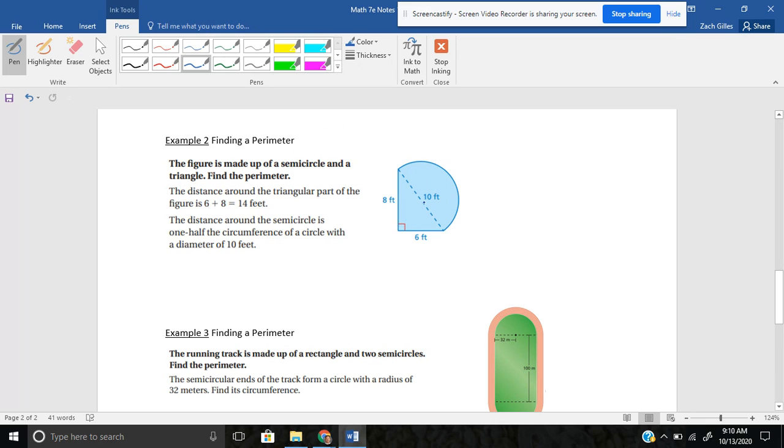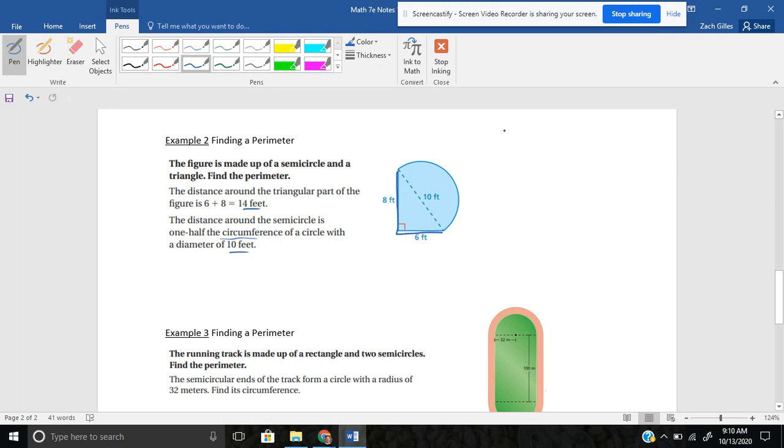So the distance around the triangle part is 6, this distance, plus 8, this distance, which gives me a total of 14. And then the distance around the semicircle, remember that's half of the circumference of a circle, and the diameter is 10 feet.